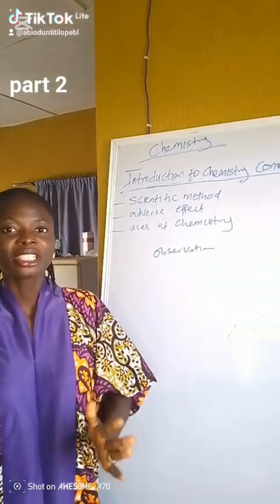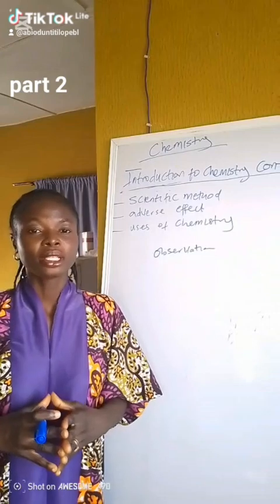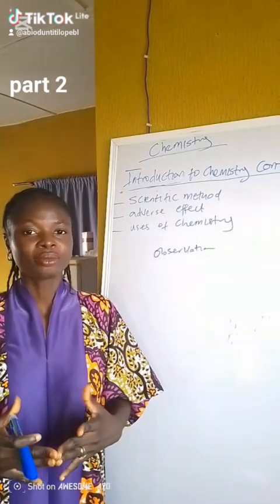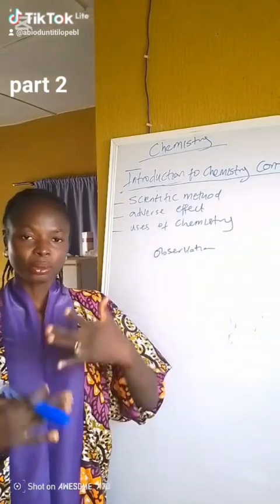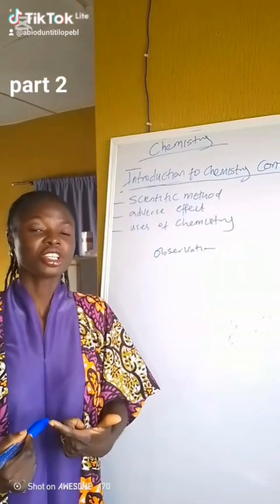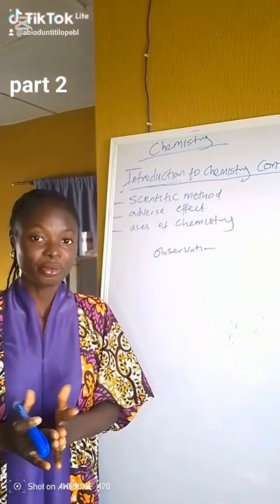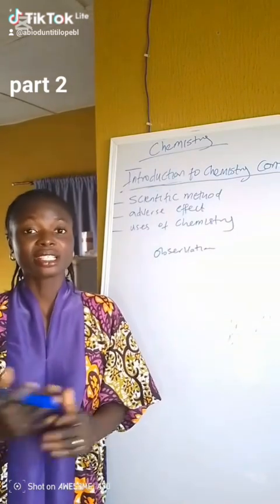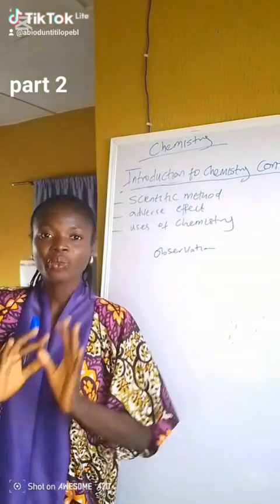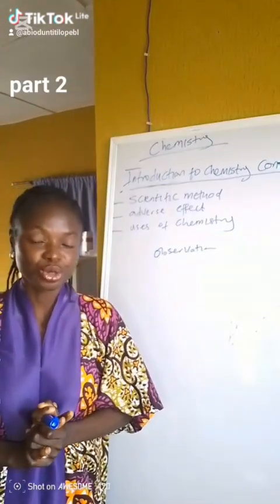After recording, and when they are sure of what the problem is all about, they come together to perform the experiment once again. After continuous performing of the experiment, they realize that, okay, this is the problem and this is the solution they are going to bring to it.